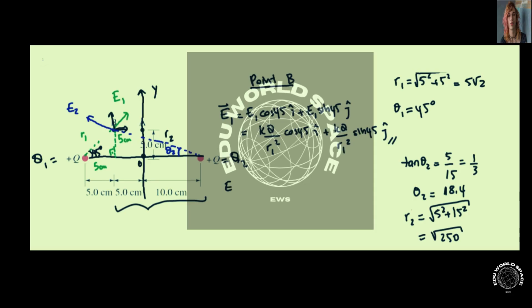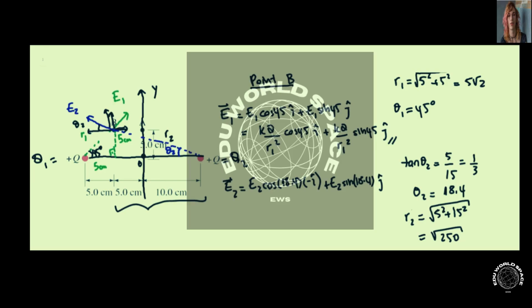Now, let's write what our E2 is. This is the x component, and this is the y component of E2, and this angle is also theta 2. So E2 is going to be E2 times cosine of 18.4 in the negative i hat direction, because it's in the negative x direction, plus E2 sine 18.4 in the j hat direction, positive because it's in the positive y direction.